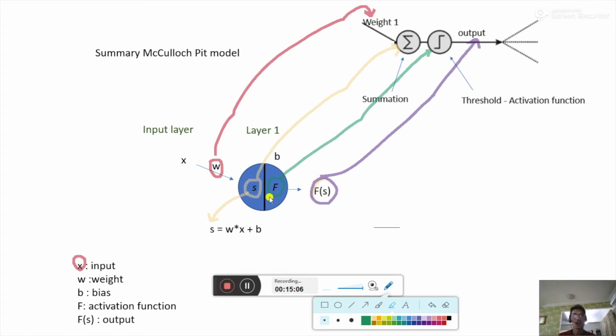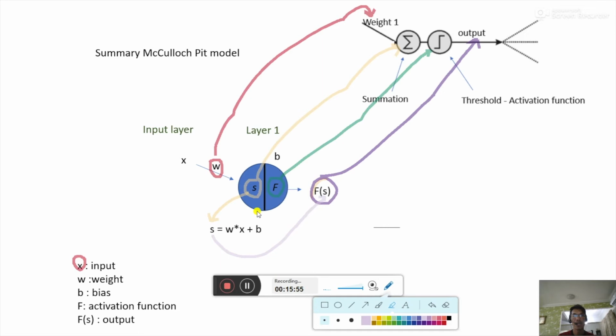Remember that S equals W multiplied by X, plus B, and then this S is put into the function F. Okay, got it?